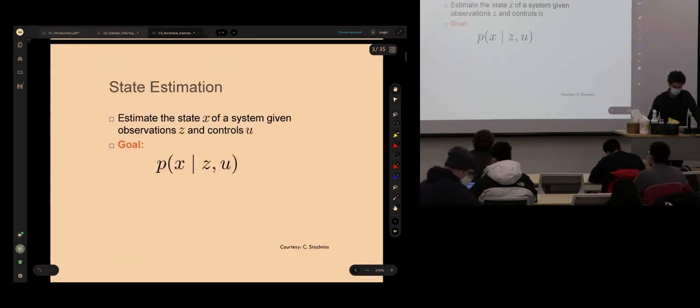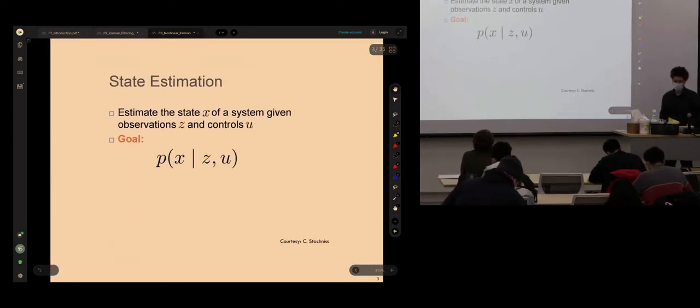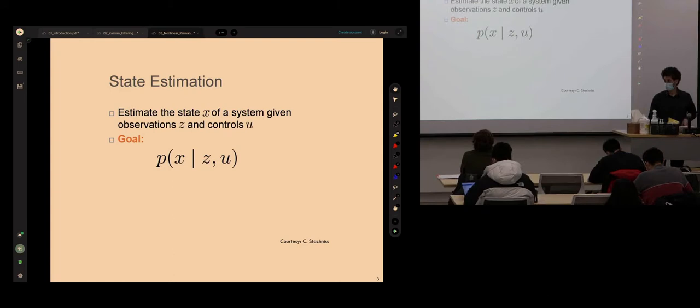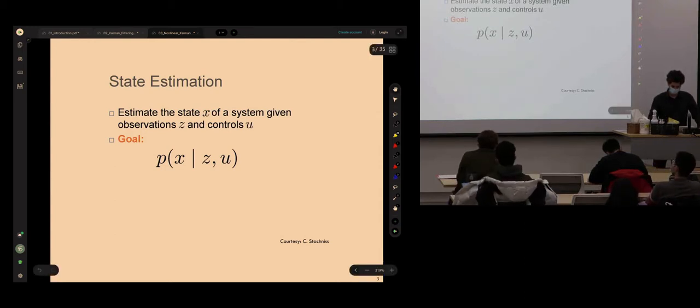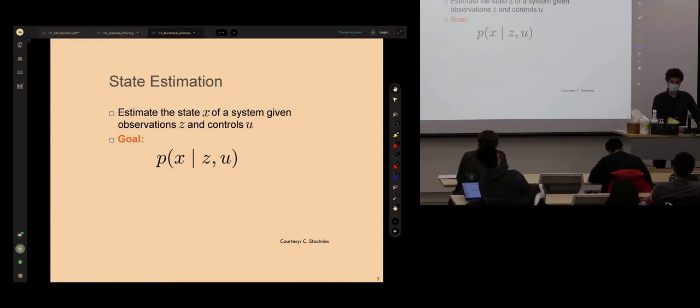So in the state estimation problem, our goal is to estimate the posterior over the variable x given observations and control inputs, z and u. The specific way you attempt to estimate x or derive a probability distribution over the posterior leads to different methods.